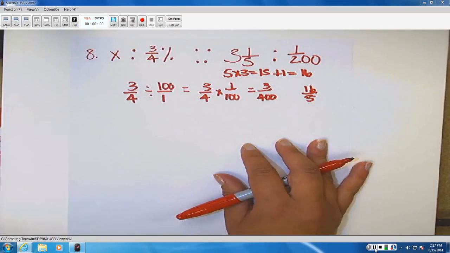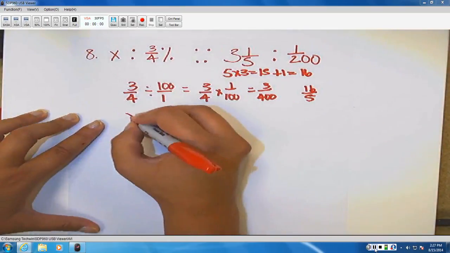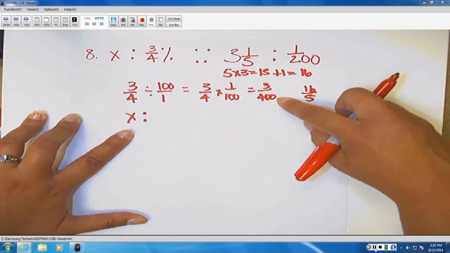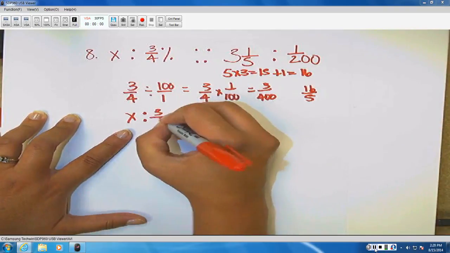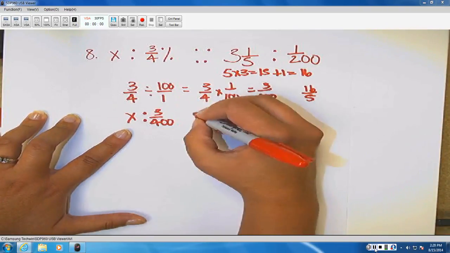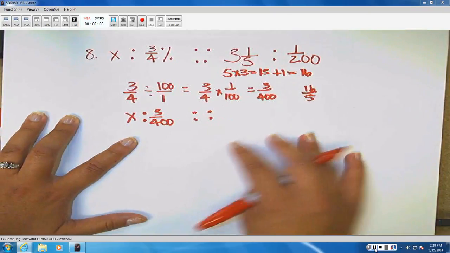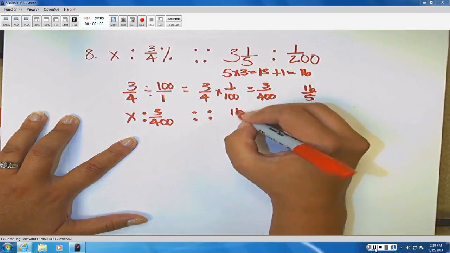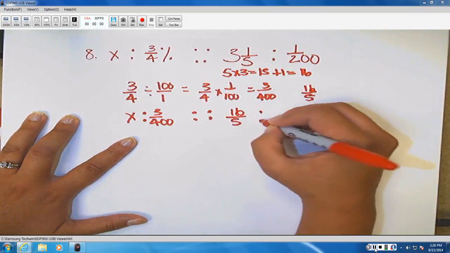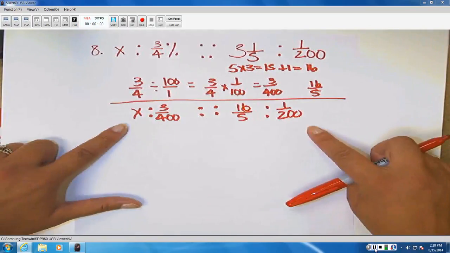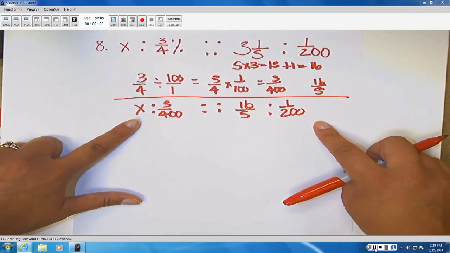So now let's rewrite our equation so you kind of know what it looks like. So our equation has now become x is to 3 over 400 as 16/5 is to 1 over 200. Okay, so this is the proportion we're now working with.